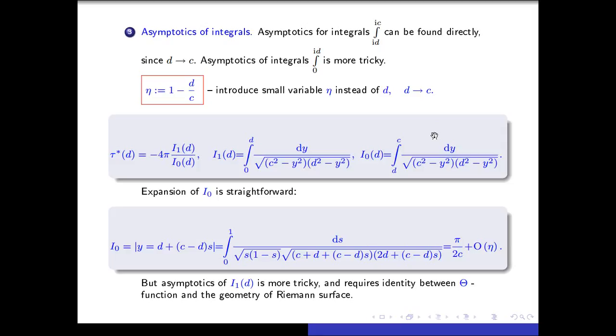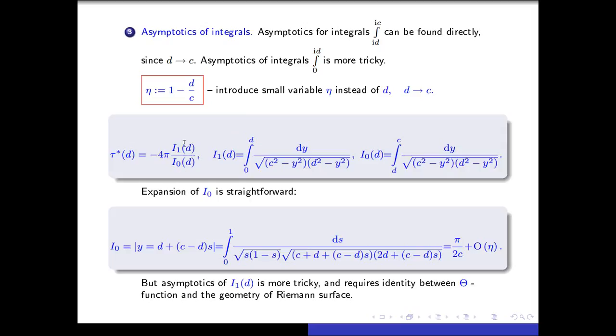But it's another situation with the integral I1. Here we cannot do this, because if we take the limit d tends to c, then the integral will become divergent. The way to find the asymptotics of I1 lies in this formula.